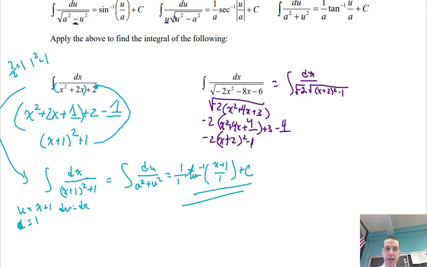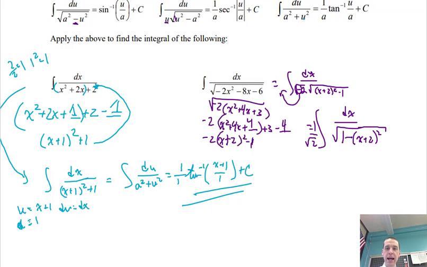Right here we have u squared minus a squared. So with this negative, we know we can't have a square root of a negative 2. So therefore we're going to distribute the negative 2 back in and then take the square root of 2 out. So I'm going to rewrite that as dx over 1 over the square root of 2, times the square root of, when I distribute the negative 1 back in, 1 minus x plus 2 squared.